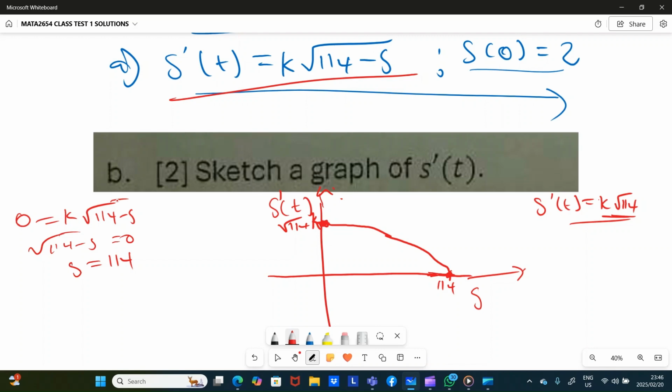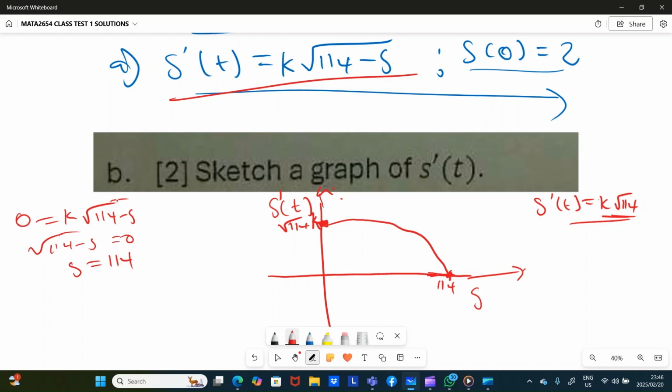So this is what you had to sketch as your solution. Let me try to make it look more like a sketch that is curving. Yeah, more like something like this. Okay, so this is the graph that you are supposed to sketch there.